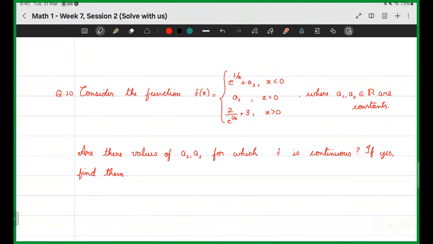Answers? Sir, a1 and a2 both should be 3. Any other answers?